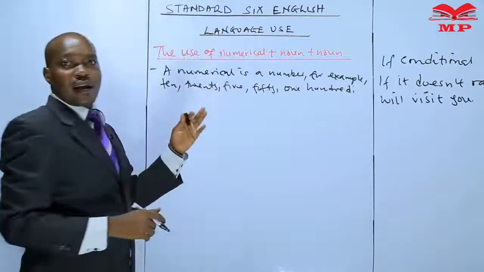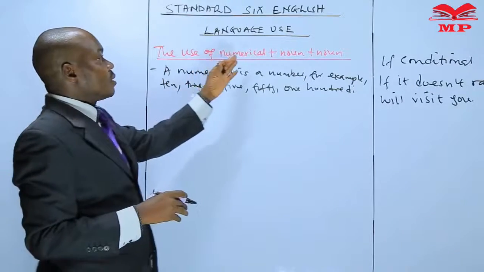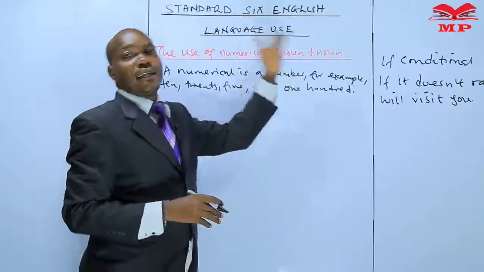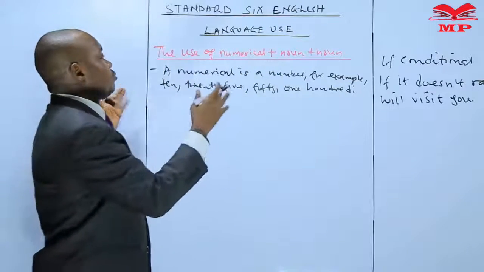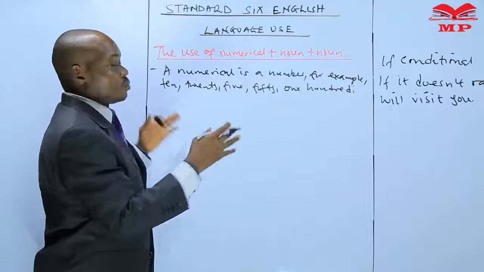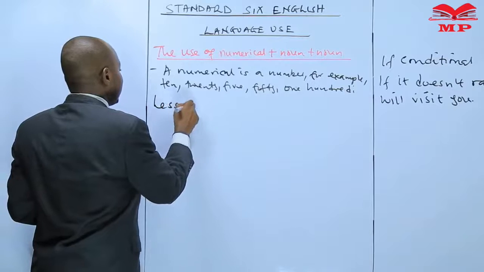This is a number. So we want to combine a number with a noun and another noun in sentences. So this will be our focus of today's lesson. So this is the lesson objective.